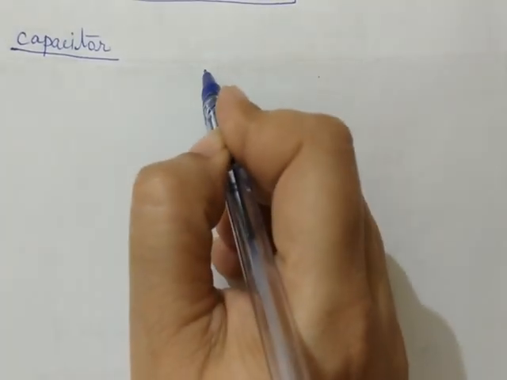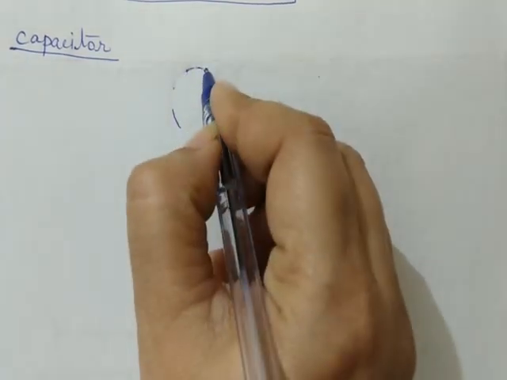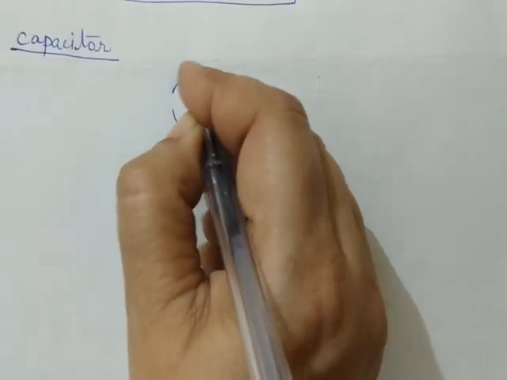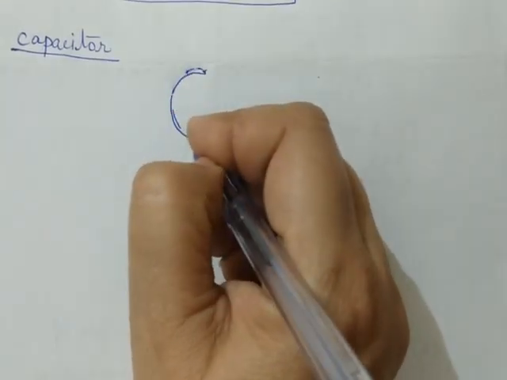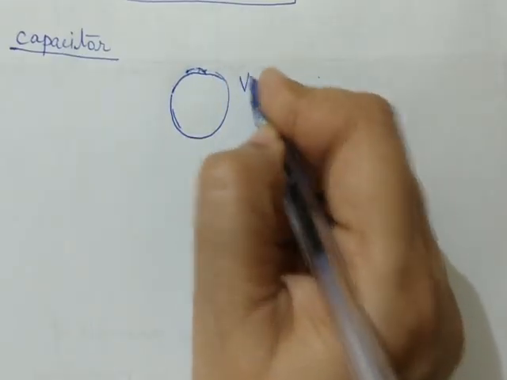When we have a conductor and we supply some charge to it, then its potential increases.